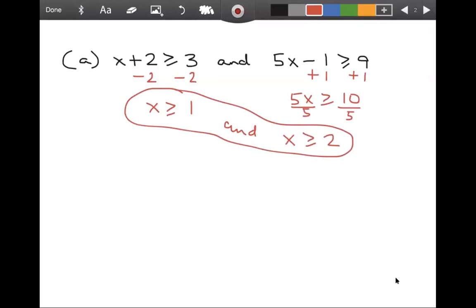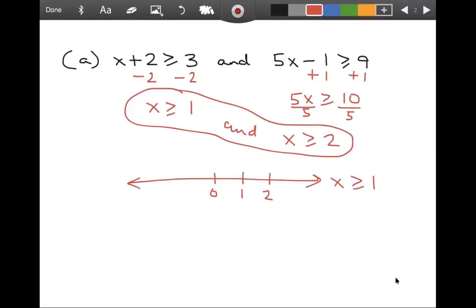So what I find very helpful to figure out exactly which values of x those are is to graph both of those inequalities on a number line. So here is x is greater than or equal to 1. So there's 0, 1, 2. Okay, so remember back in, I think I said chapter 3, I meant chapter 2.